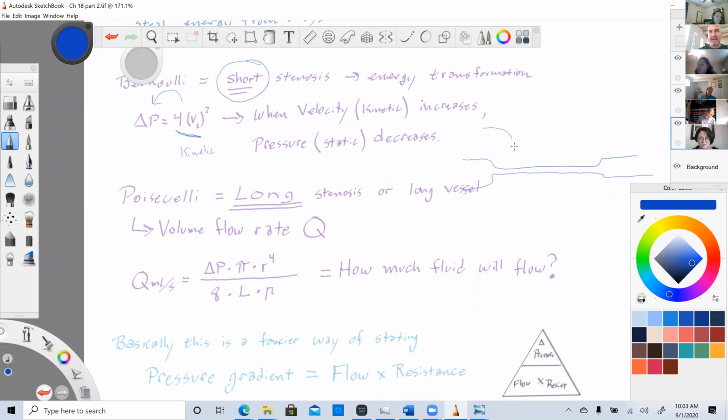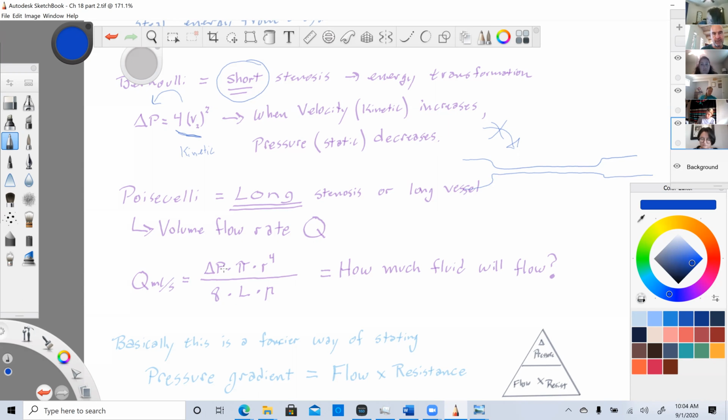Bernoulli does not affect a long stenosis, simply because Poiseuille's equation, the volume flow rate, now becomes more prominent. So long stenosis or vessel, the volume flow rate Q.